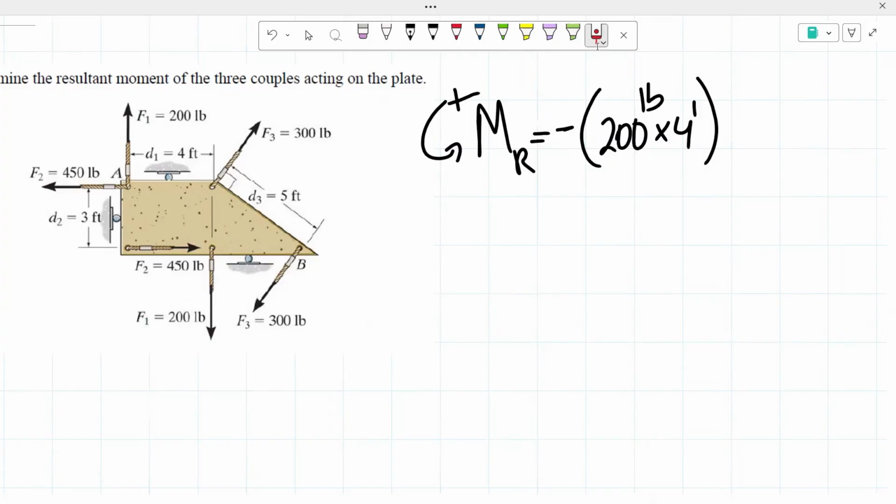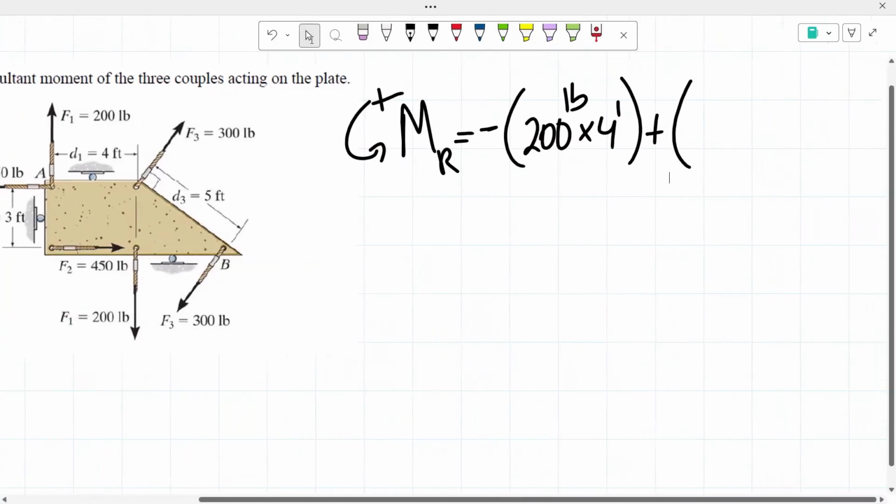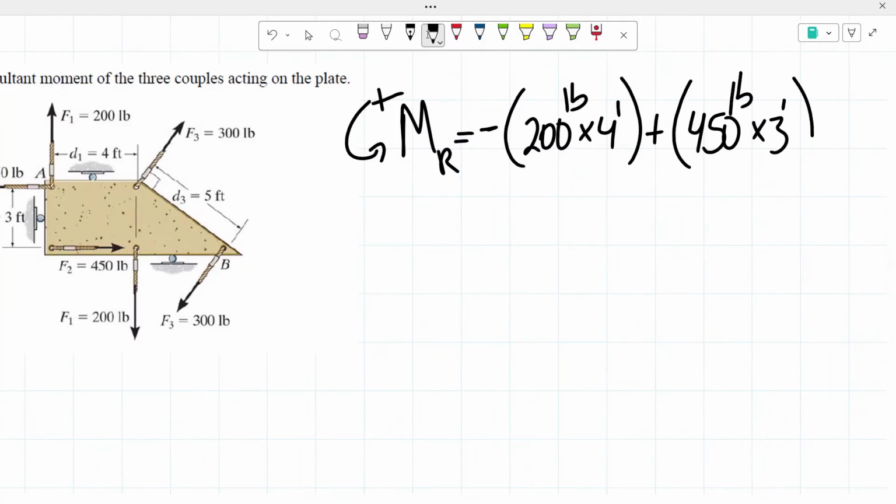As you can see here, these forces are creating a counterclockwise moment. That means that's going to be a positive moment, as we have at our sign convention, saying that counterclockwise is positive, clockwise is negative. So that's going to be a positive. Remember, moment is equal to force times distance.